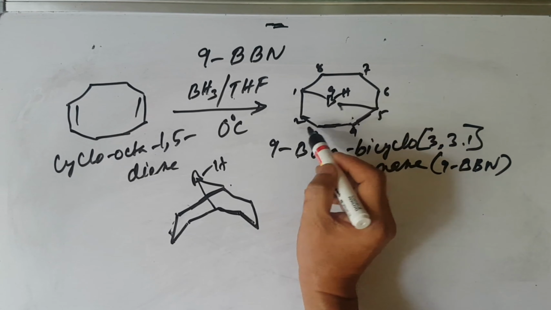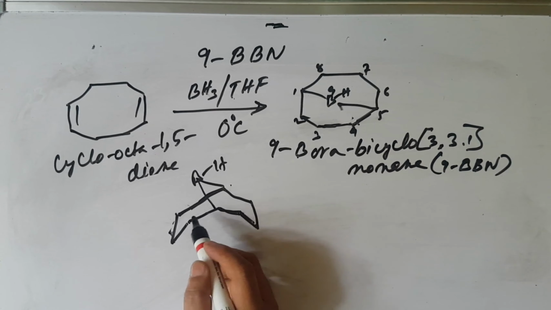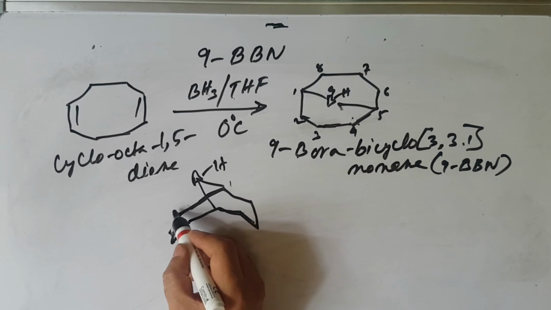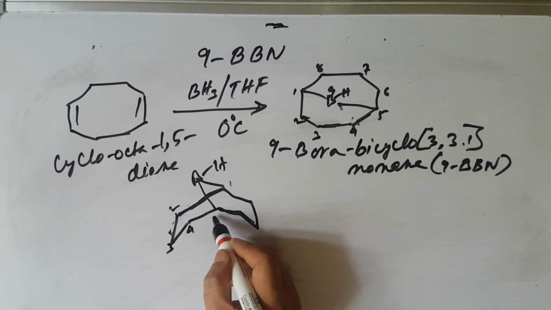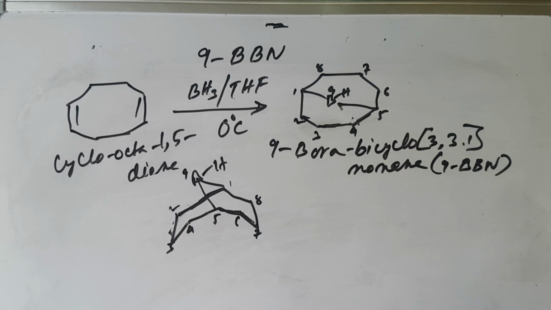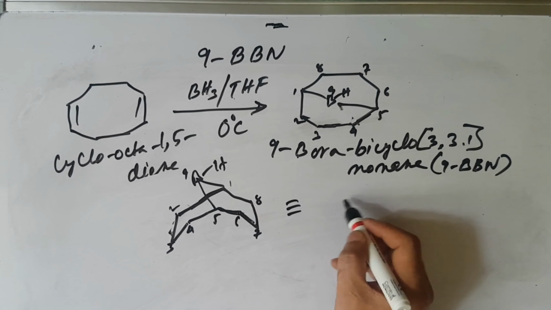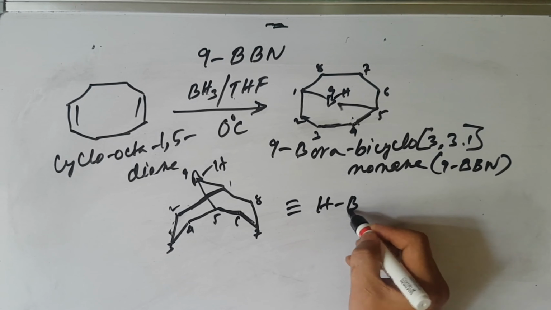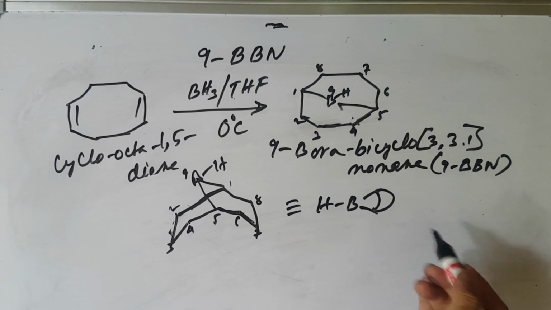So 1, 2, 3, 4, 5, 6, 7, 8, 9, like this. So you can present 9-BBN in another form, or you can write it simply this way. This is the way you can represent it.